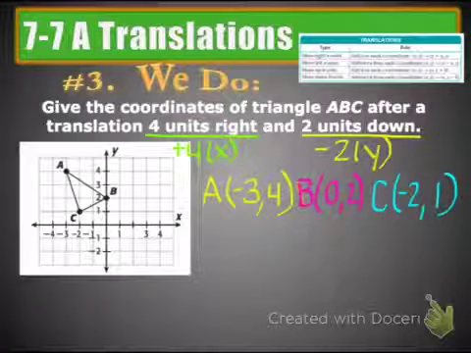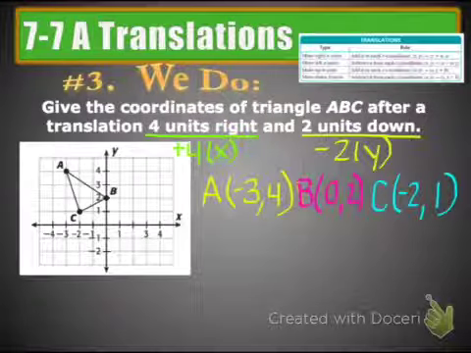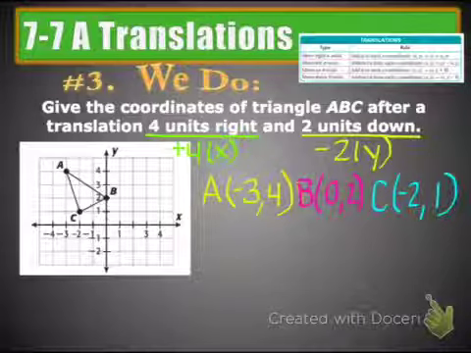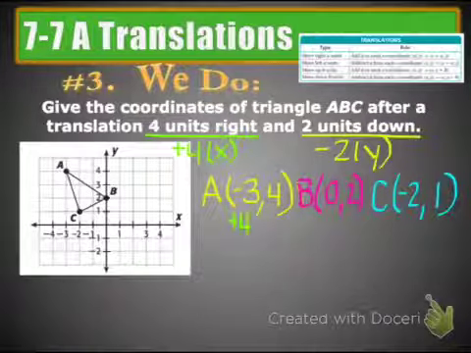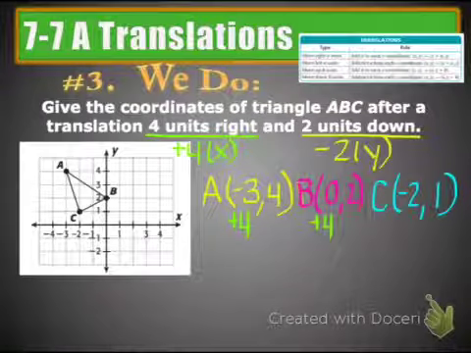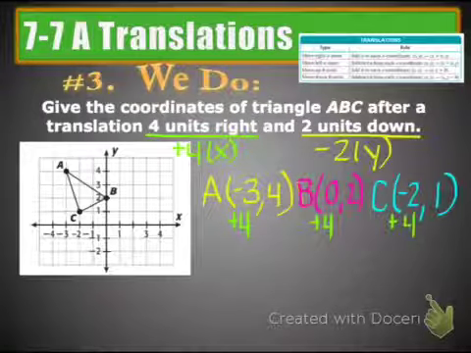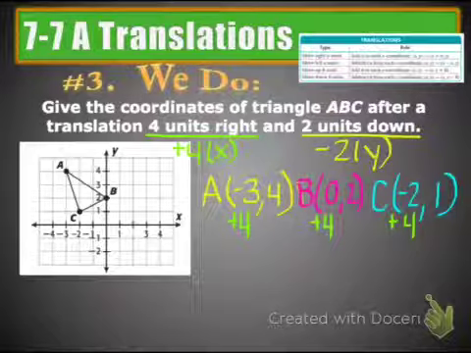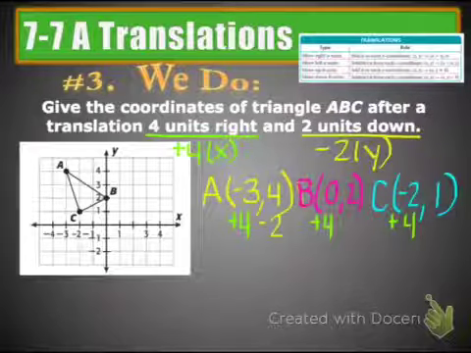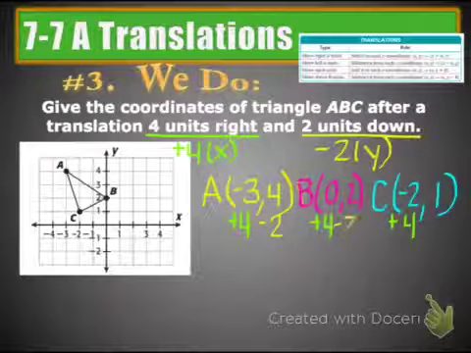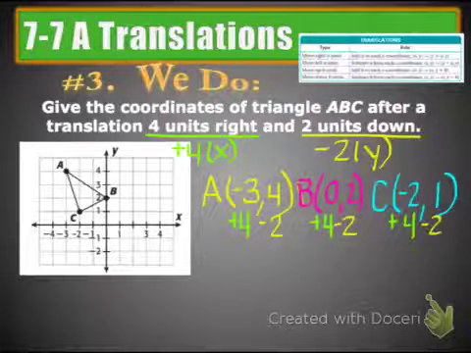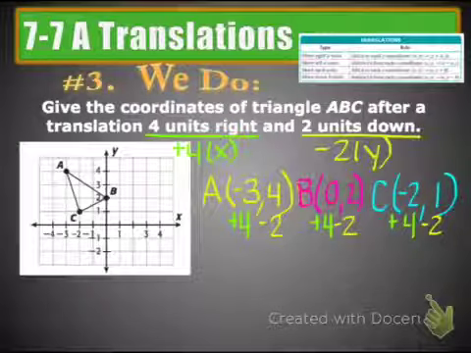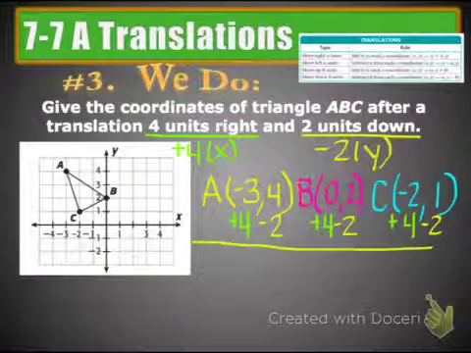So to find our new coordinates, we want to actually add or subtract to them, just like what it says up above. So to go 4 units right, we would add 4 to each x coordinate. And to go down 2, you would subtract 2 from each y coordinate. And then basically it's like an addition and subtraction problem.